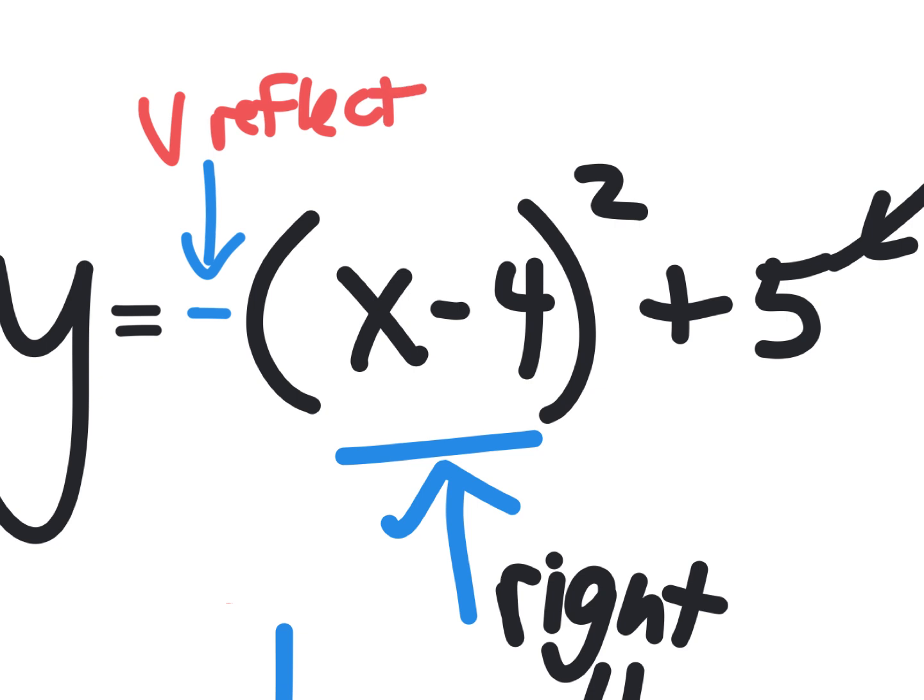Why is it vertical? I gave you high-vo for that reason. Horizontal inside, vertical outside. And that is clearly on the outside, and that is therefore a vertical reflect. Now, sometimes they will say over the x-axis or over the y-axis.